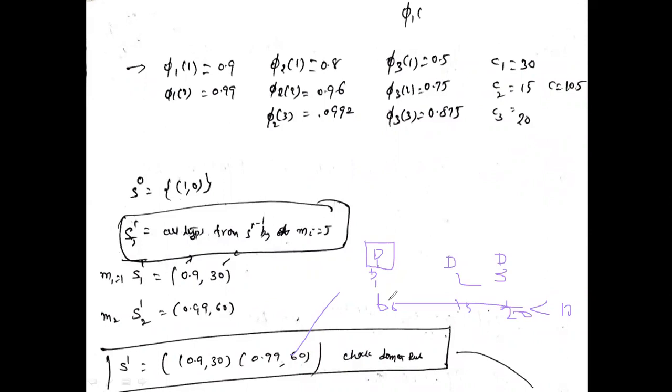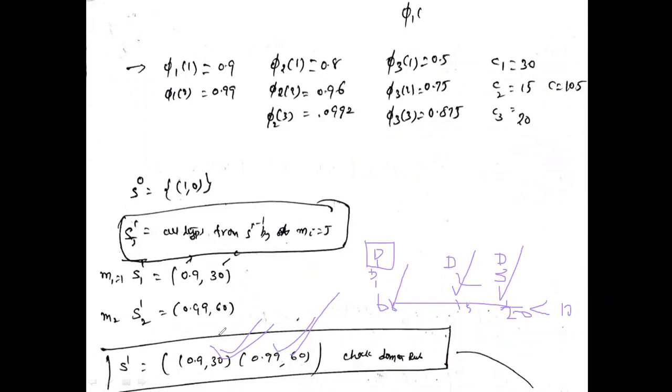Suppose in the first stage you are using two devices, in the second stage one device, and in the third stage one device. The sum of the cost is 60 plus 15 plus 20 equals 105. So the two tuples are valid, because the sum of the cost of the devices is less than or equal to 105.